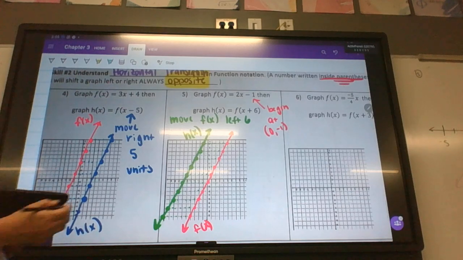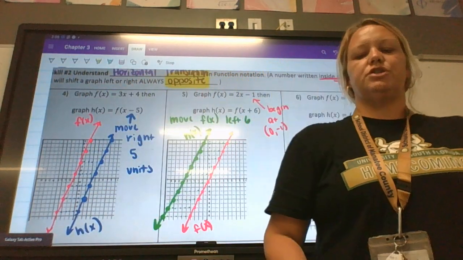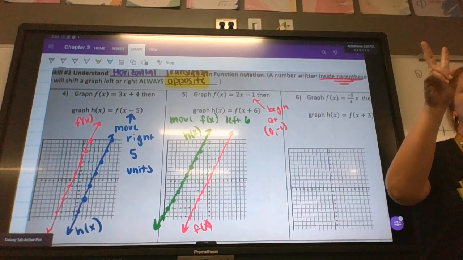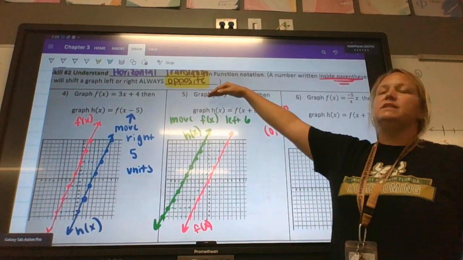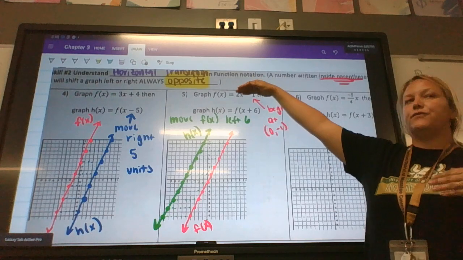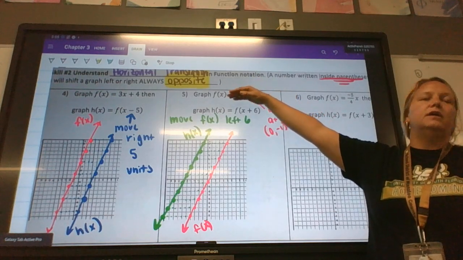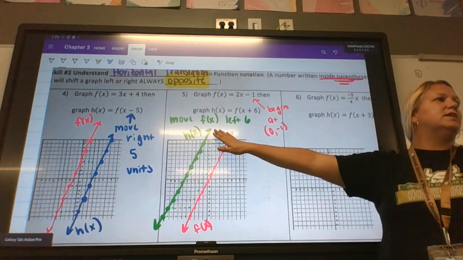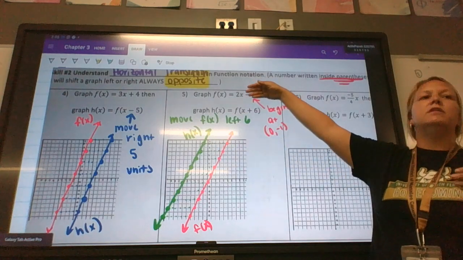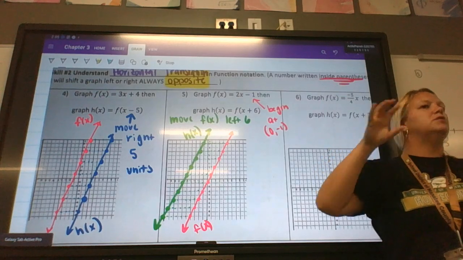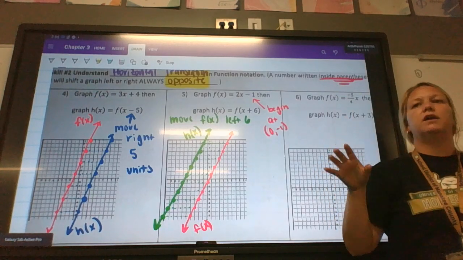So guys, I just really want to define this skill really quick. There's two things we're working on. The first thing is just being able to graph the first f function by yourself. And the second one is understanding that sometimes we start with a line and then we just move it. We just practice moving it. We shift it around left and right, up and down.